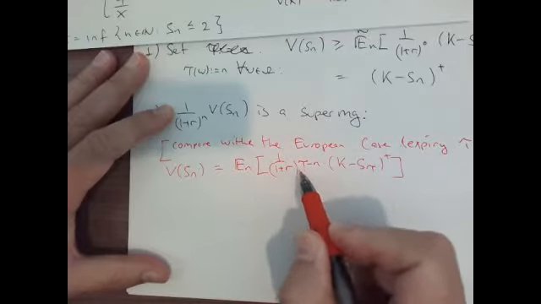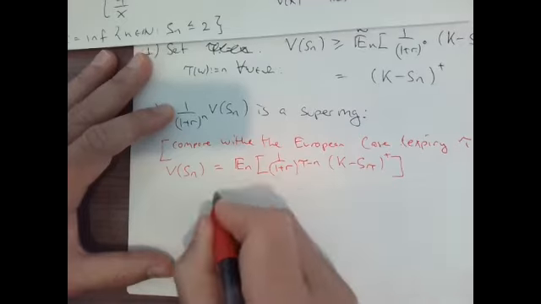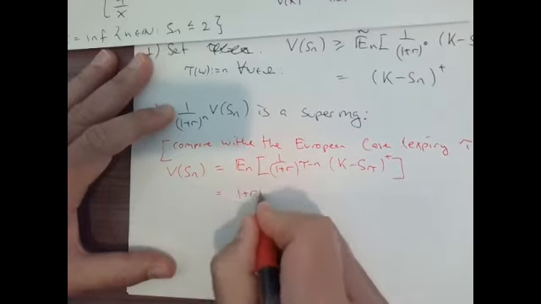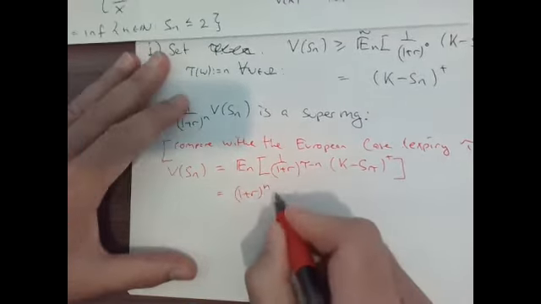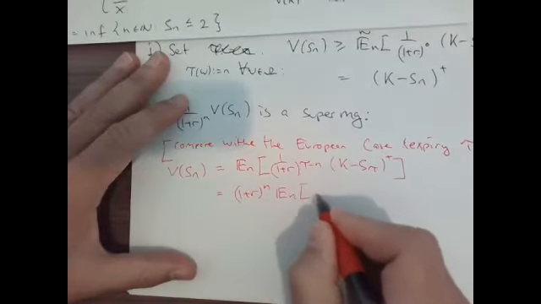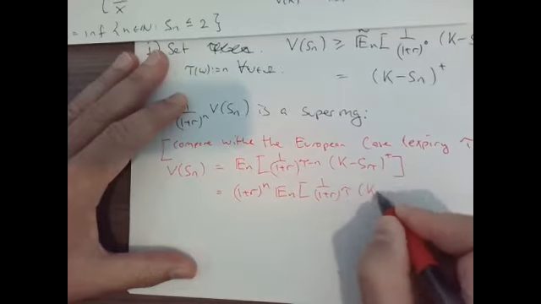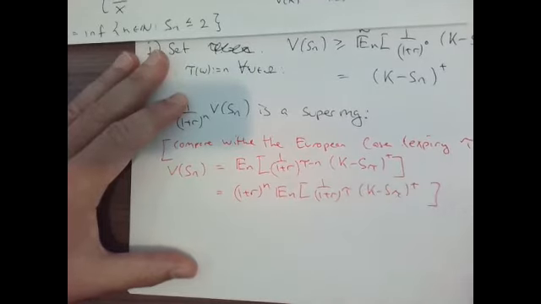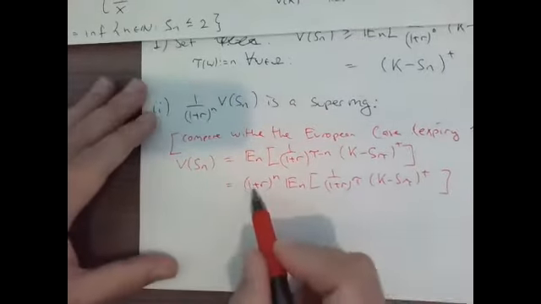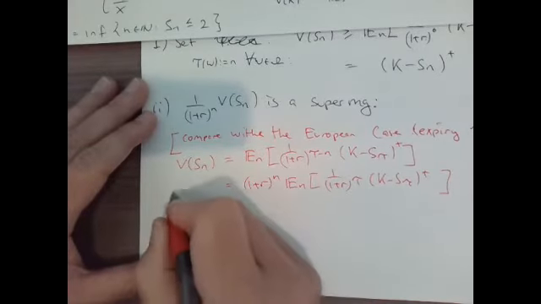I could move it outside. Right, I could write this here as 1 plus r to the nth, and then En of 1 over 1 plus r to the power tau times k minus s tau. And then I could move this to the other side.